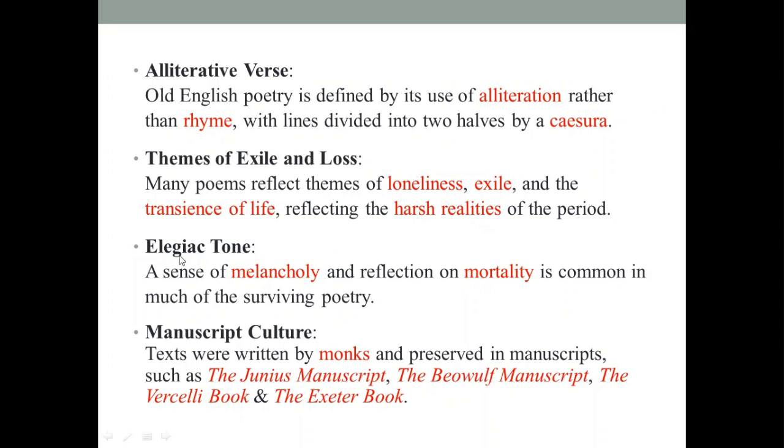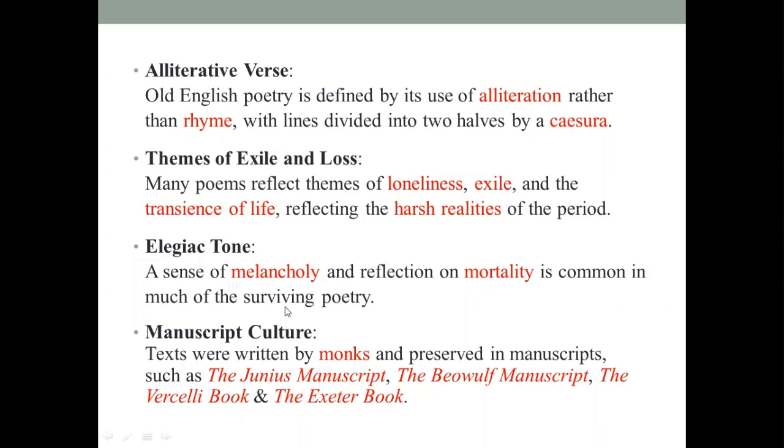The next feature is elegiac tone. Elegiac tone means an elegy-related tone, that is, a sad tone we find in Old English poems. A sense of melancholy and reflection of mortality is common in much of the surviving poetry.